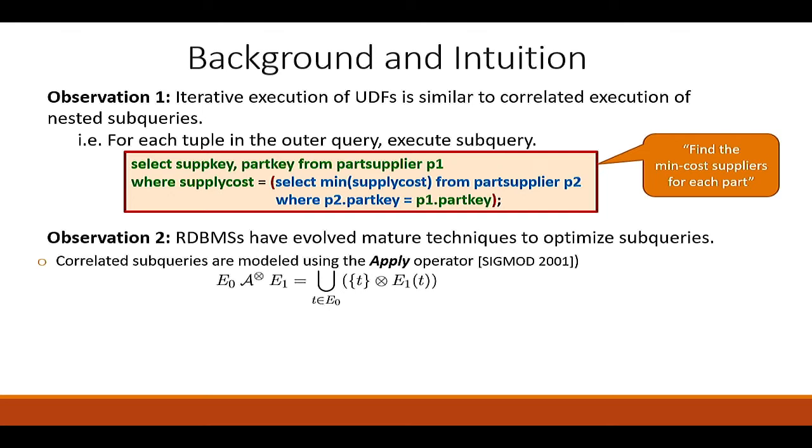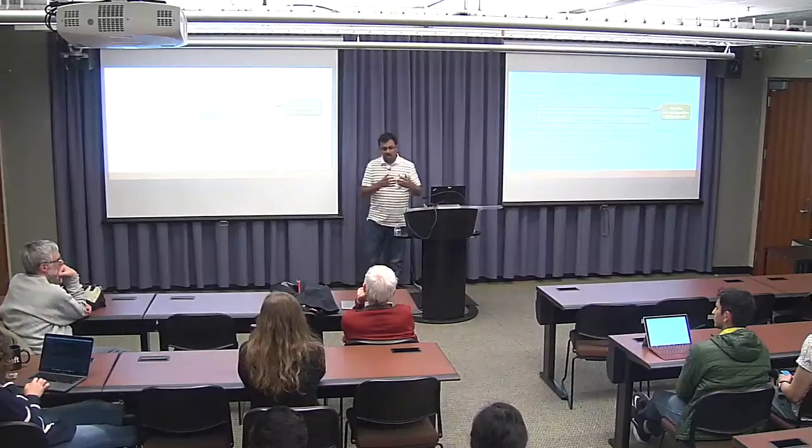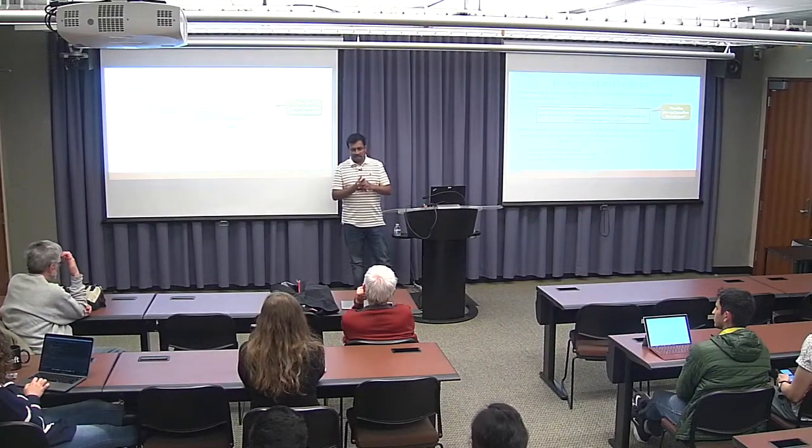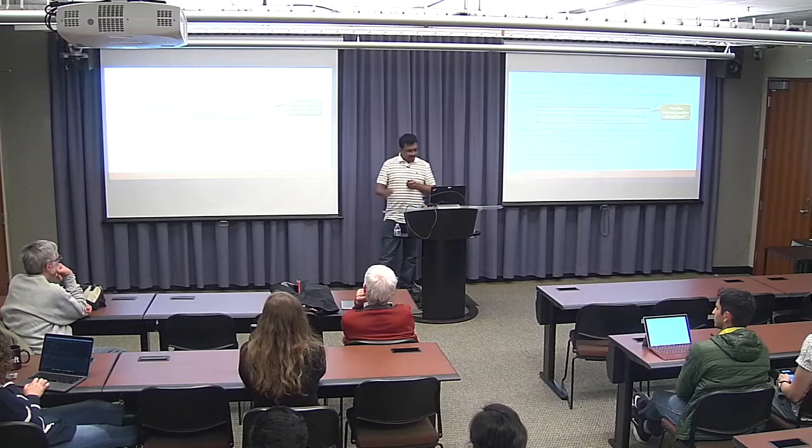I'll give an example to clarify this further. This is also called a dependent join sometimes. In ANSI SQL they call it lateral join. Some databases use that as the syntax, and SQL Server uses apply, and dependent join is also another name for it.